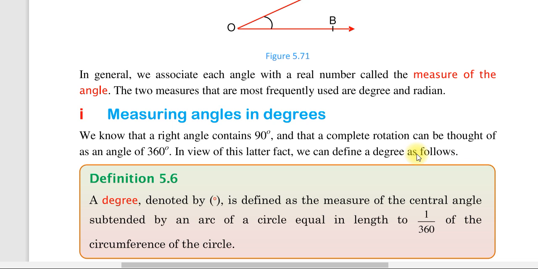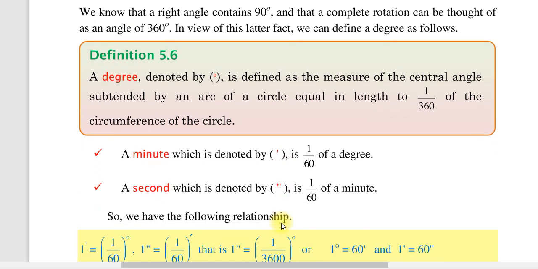So how do we define a degree? A degree, denoted by this symbol, is defined as the measure of the central angle subtended by an arc of a circle equal in length to 1 over 360 of the circumference of the circle.